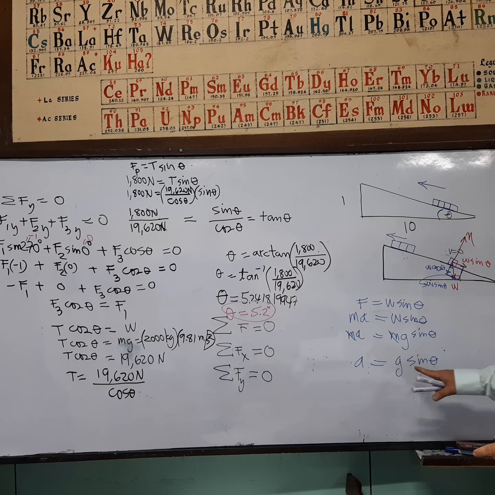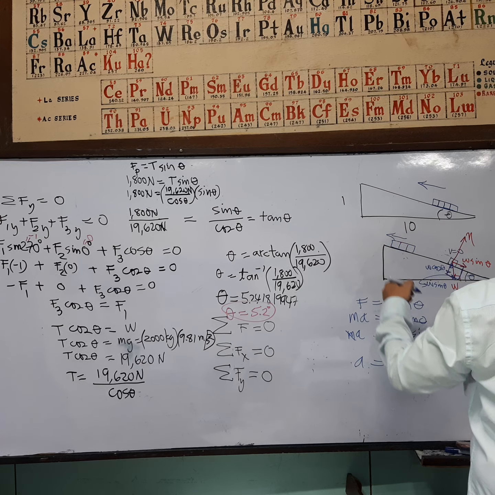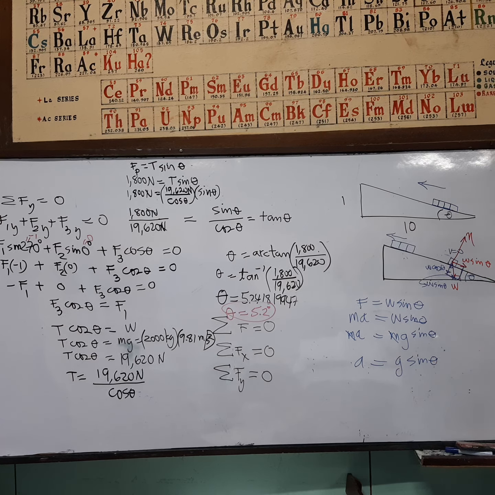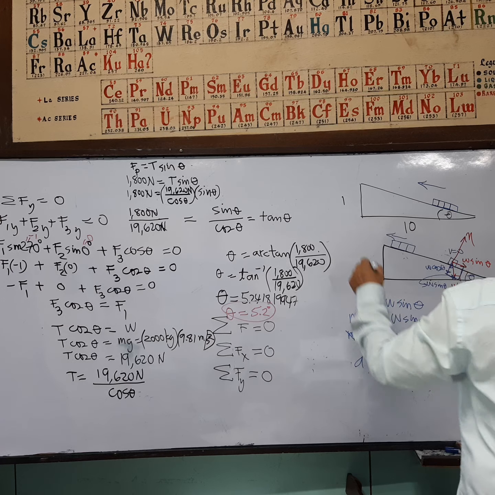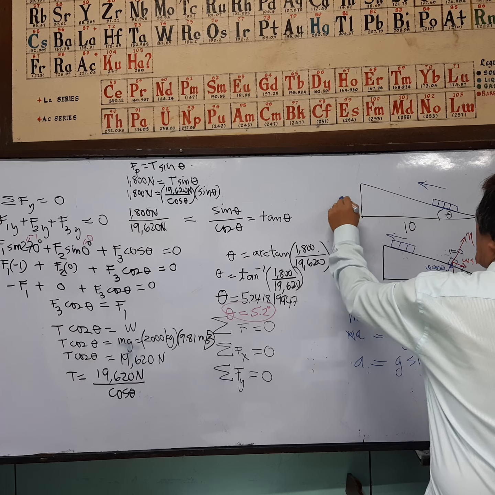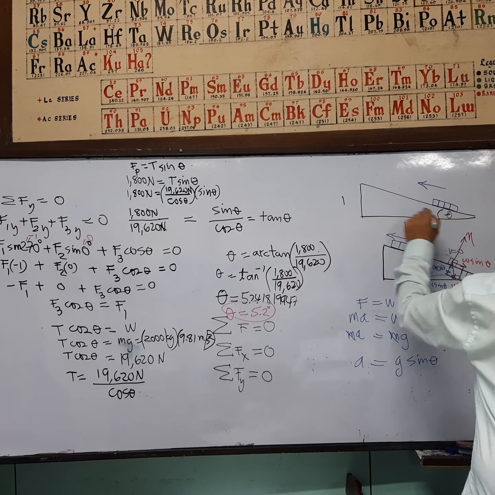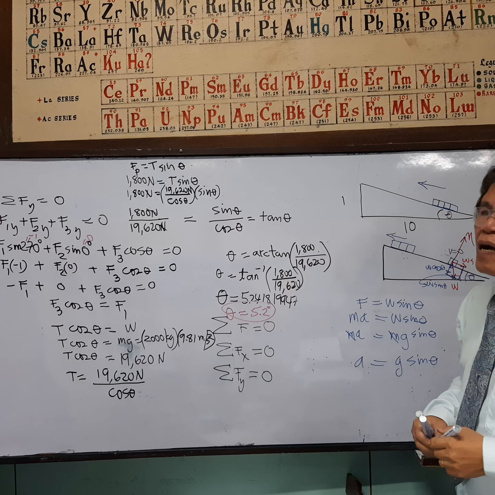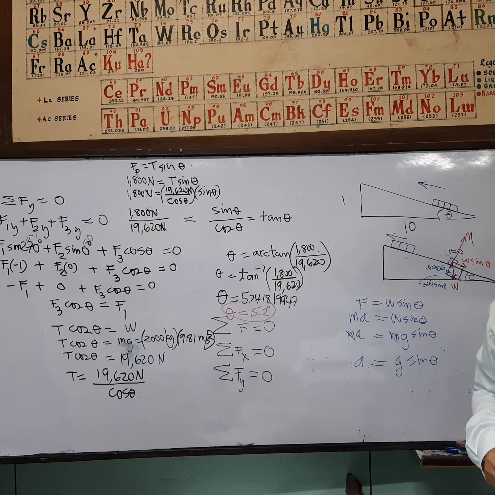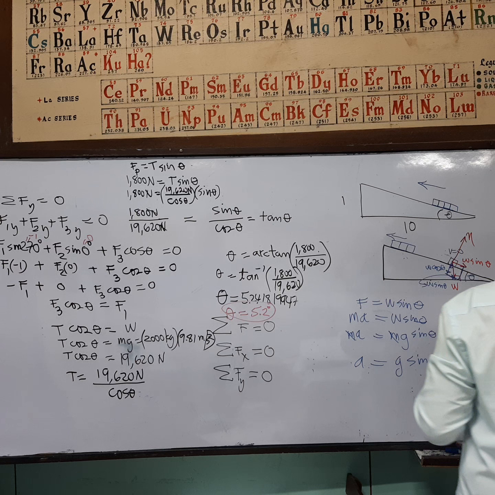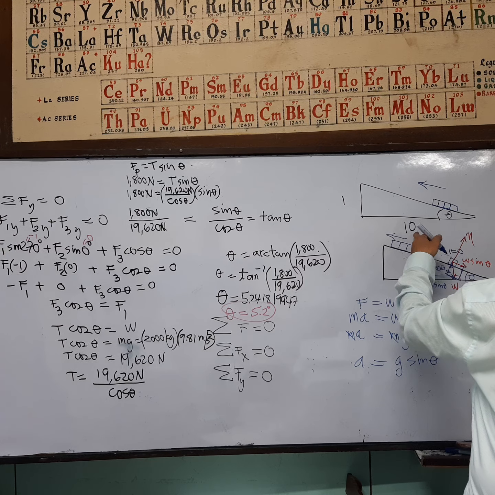The value of g. Sine theta is equal to, this one is theta. Sine theta is equal to the opposite side over the hypotenuse. That is how you get sine theta.